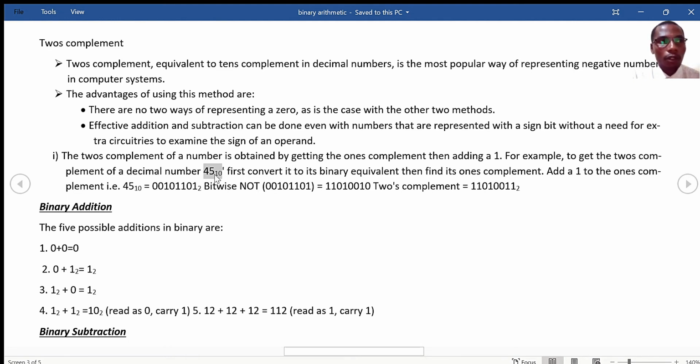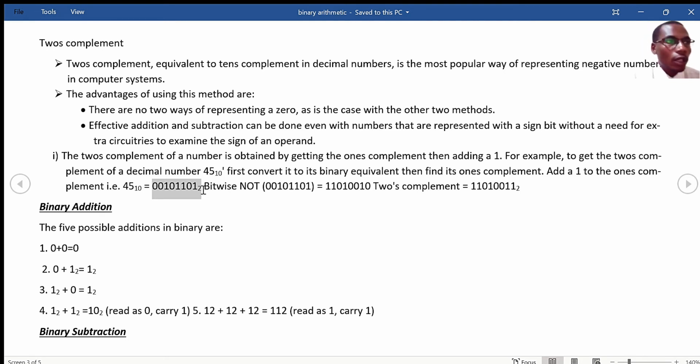I have to convert my 45 into a binary number, which in terms of binary is this. But notice here that I'm using 8 bits.